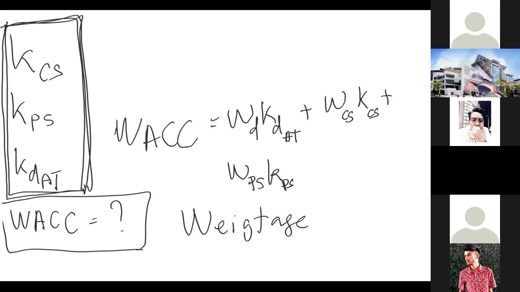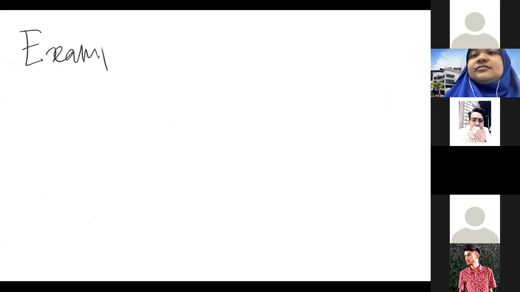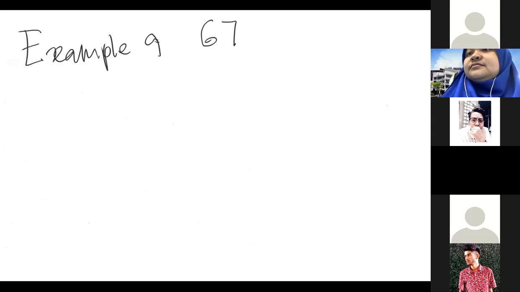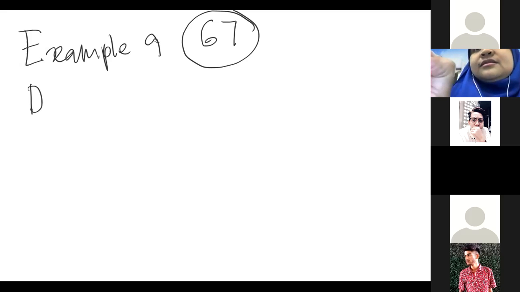Example like Example 9, page 67. You can see that there is no weightage given. You've been given the cost of capital for each capital.